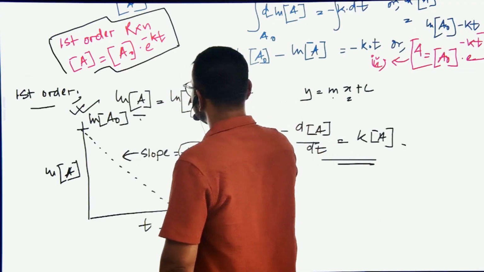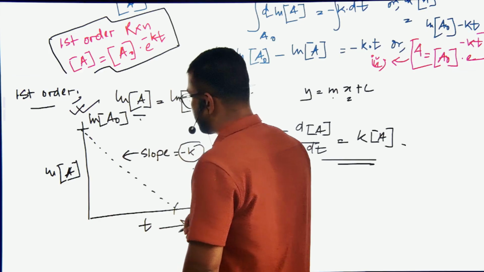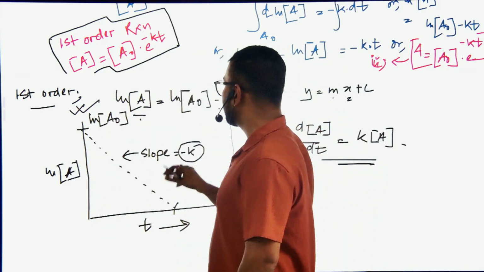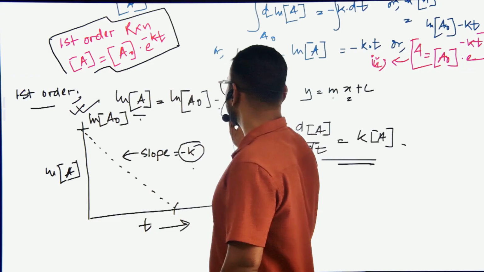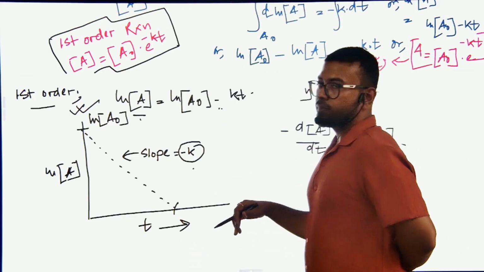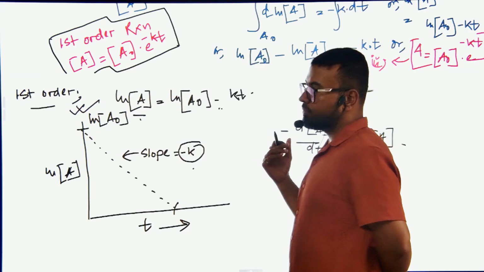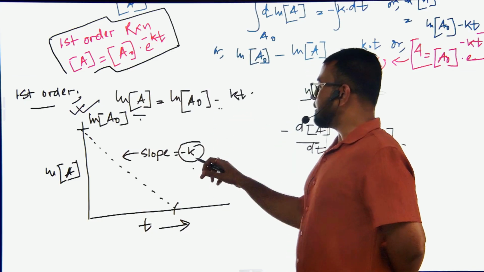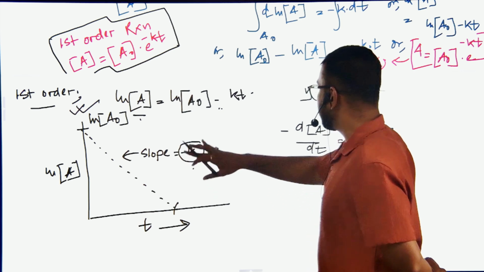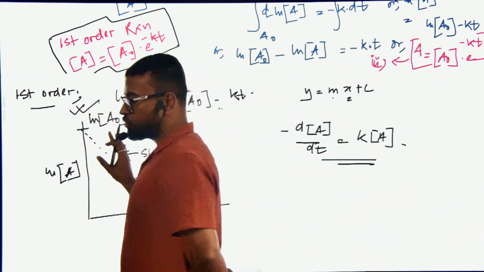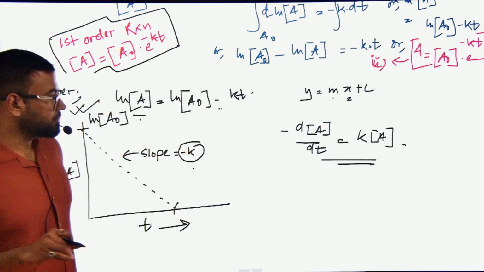And if we plot this in a graph, then what will we be getting? On the y-axis ln A, on the x-axis t. It is the reversible format of the straight line equation, and the slope over here is K. So this is the first order reaction kinetics.